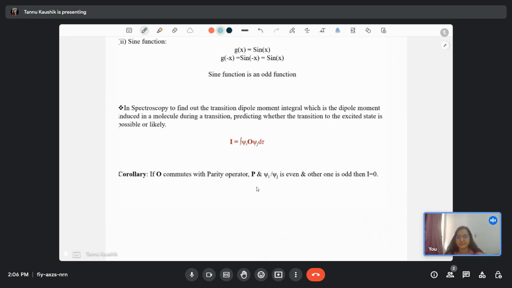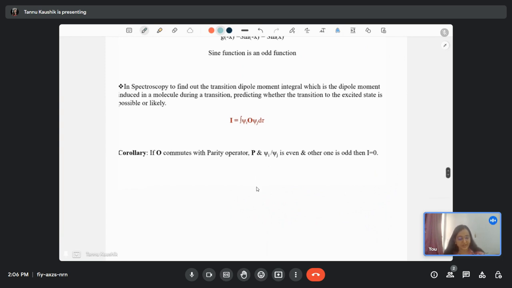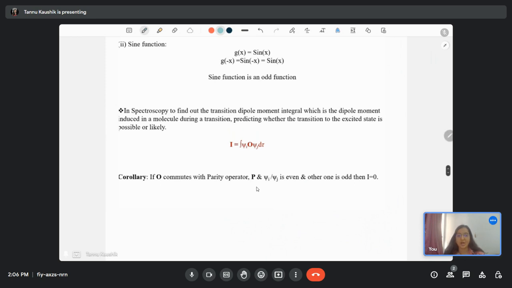So these even and odd functions, and these symmetries in operators and wave functions, help us in solving some problems in spectroscopy also.